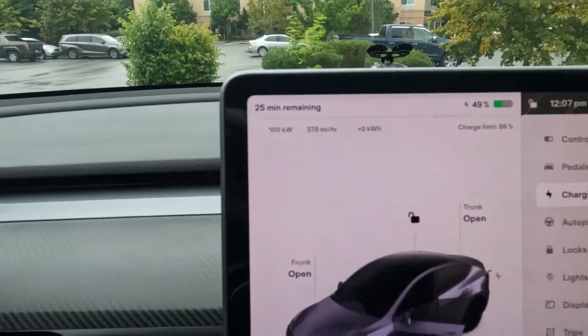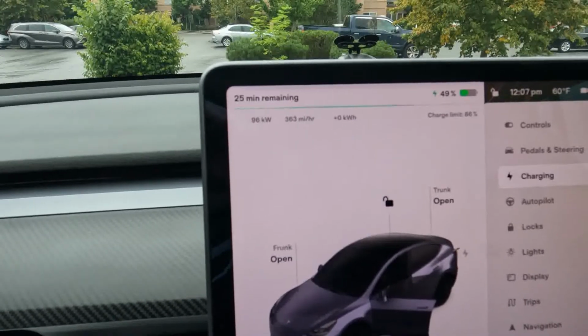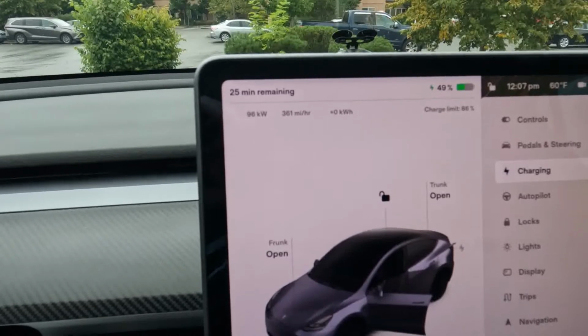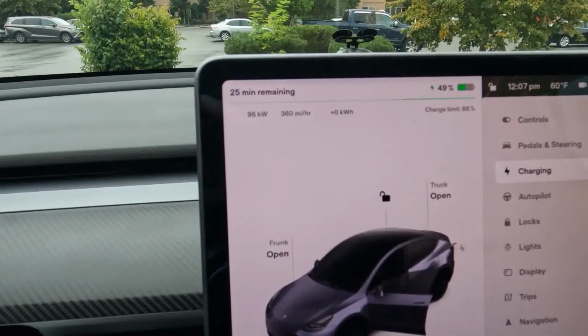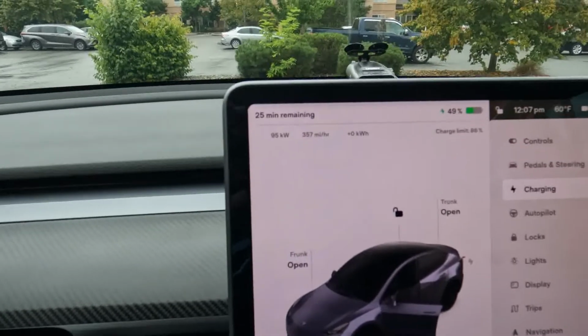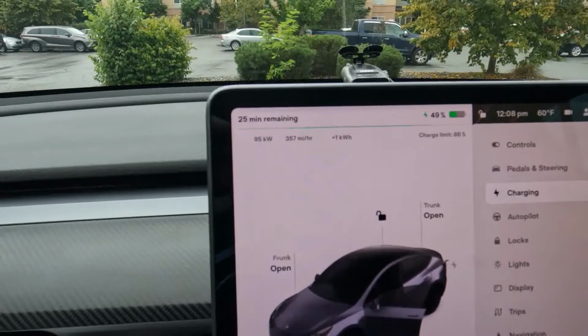All right, so we have the car connected. We're at about a 49% state of charge, and as you can see, we are getting 96 kilowatts, and we are putting in about 360 miles an hour. We have approximately 25 minutes until we have reached our charge limit of 86%.